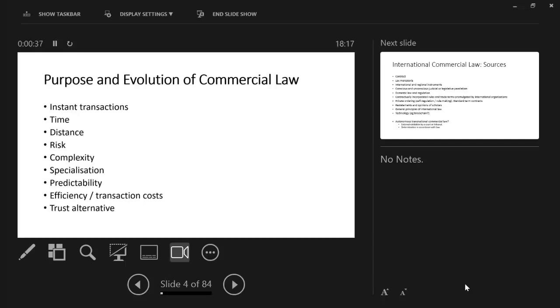In other words, mechanisms where we try to allocate the risks across the various parties and set out the rights and obligations between those parties in different aspects of the transaction. And once again, always start with that instantaneous transaction.